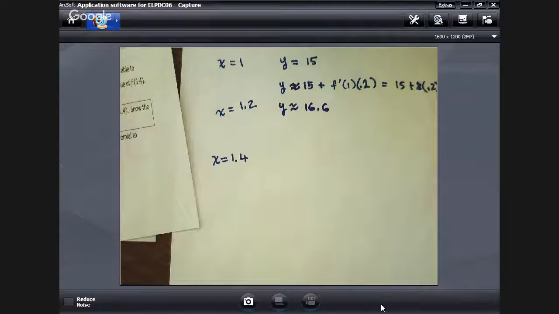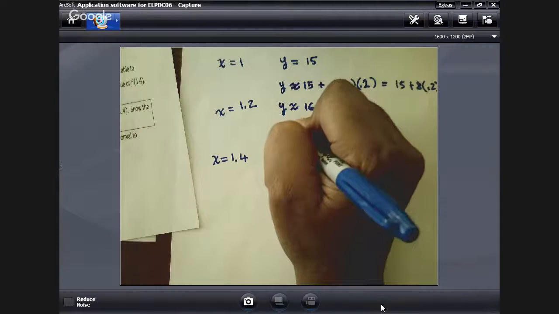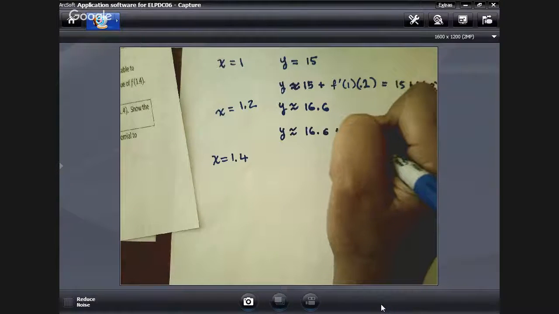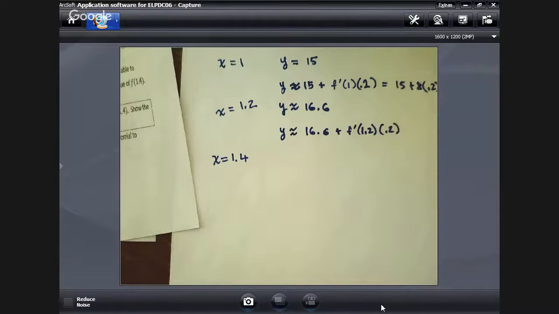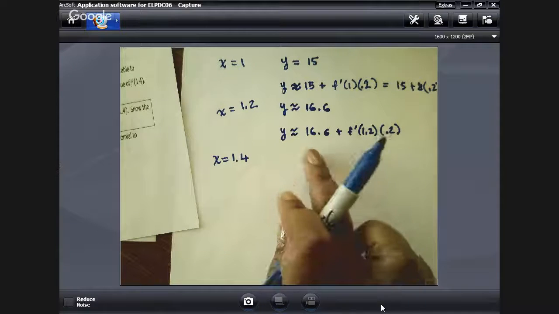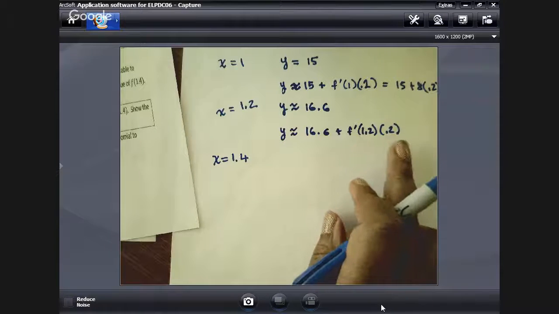So 16.6 is going to go with 1.2. I need the y value for 1.4, at least the approximate y value. So the new value that I want is going to be about the last value, 16.6, plus f prime of 1.2 times dx, which is 0.2. If it helps, remember that the new y is going to be equal to the old y plus f prime of x times dx.